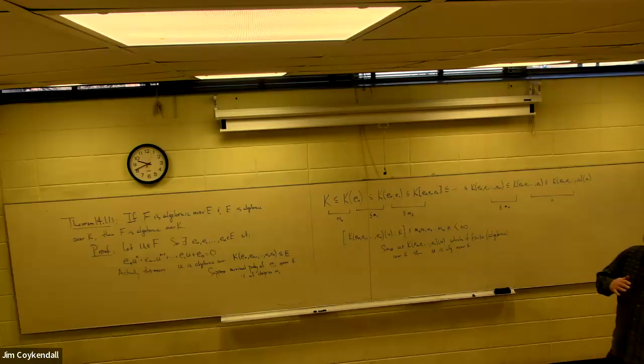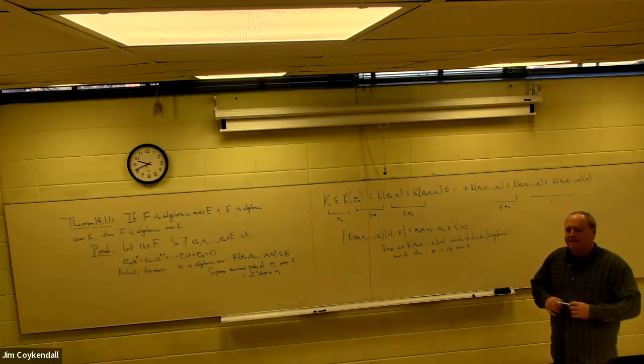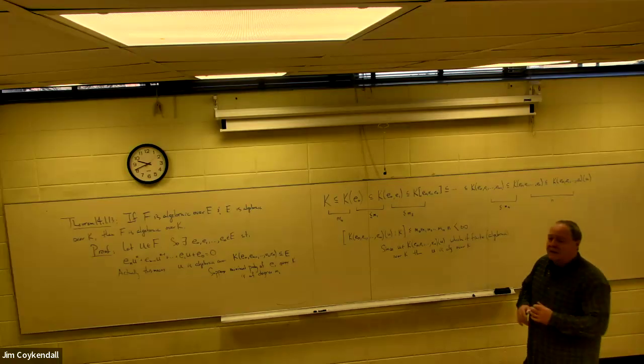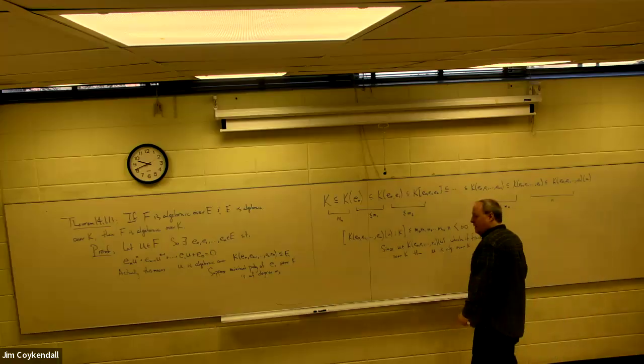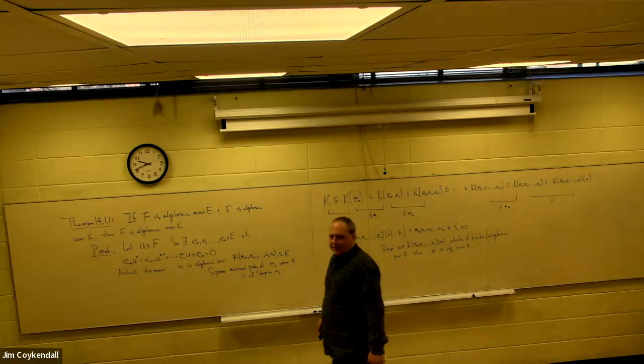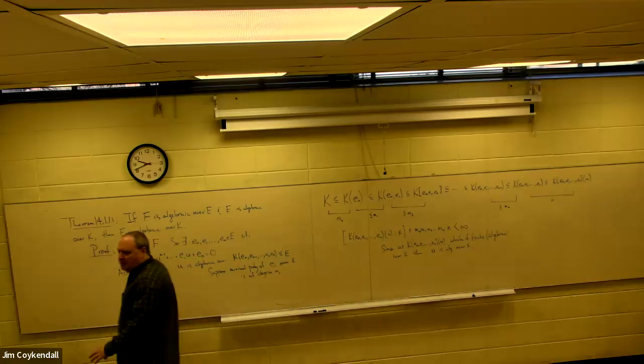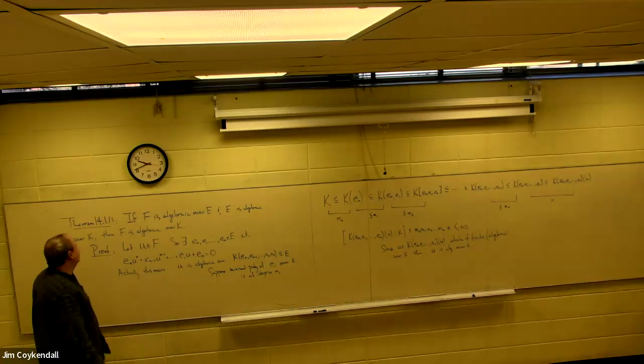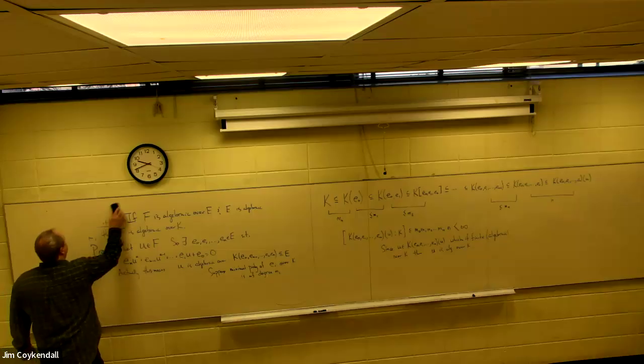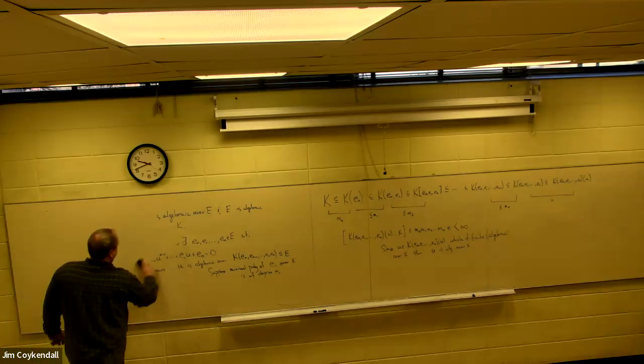Okay, I want to make sure I understand. A finite degree with respect to the first can even be infinite. Let me give you an example. Can anybody give an example? There are many, many ways you can build these things. Let me give an example. This is a nice application of this theorem.